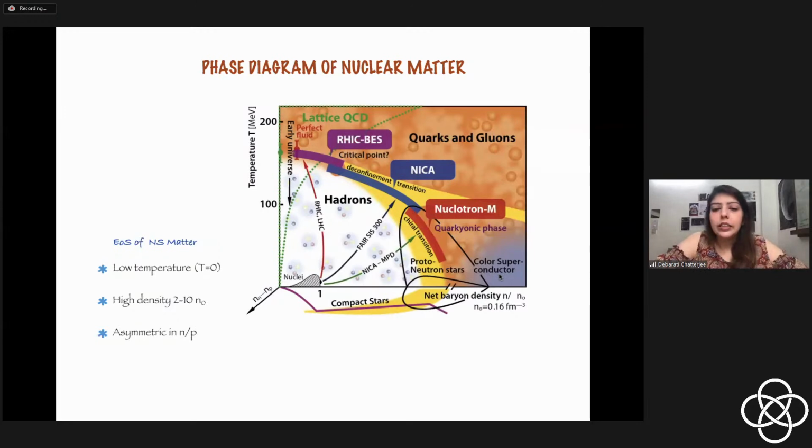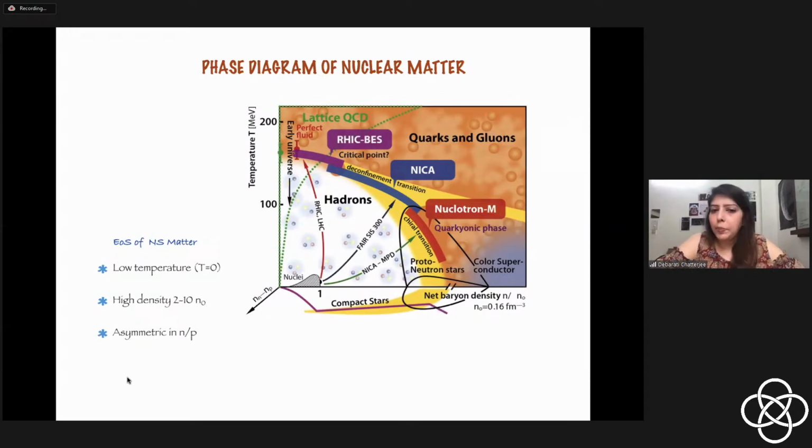Another point is that all the experiments we talked about that we conduct on Earth, nuclear experiments, heavy ion experiments, all have the same number of neutrons and protons. But neutron stars are mainly composed of neutrons. So what do we have when you have such a neutron-rich structure? This is not very well known.